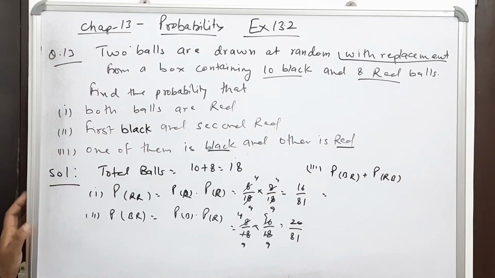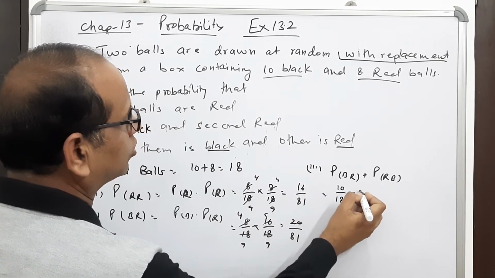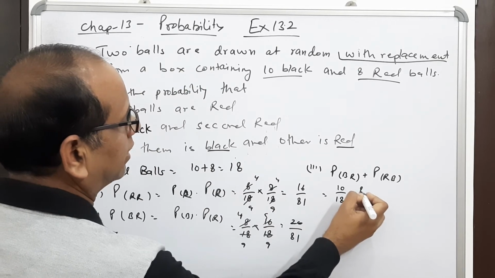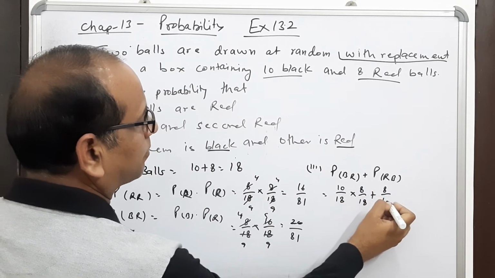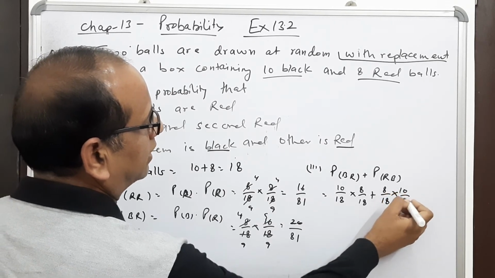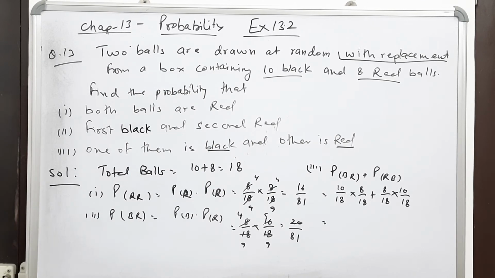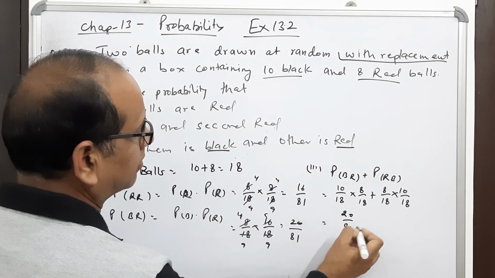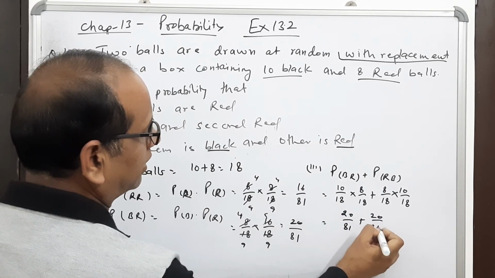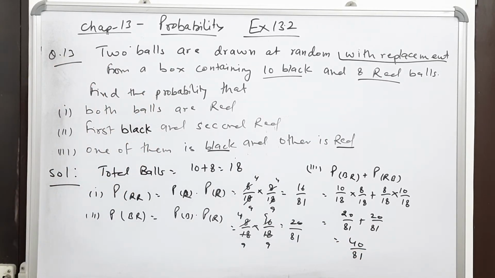So what is P(black) now? 10 upon 18 into 8 upon 18, plus 8 upon 18 into 10 upon 18. This part will be 20 upon 81 and this part will also be 20 upon 81. So the answer is 40 upon 81.